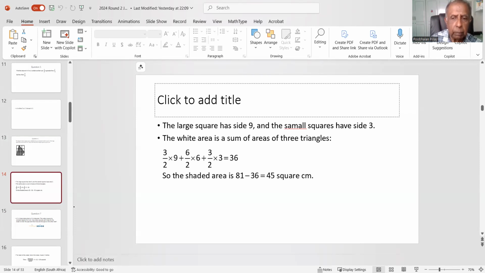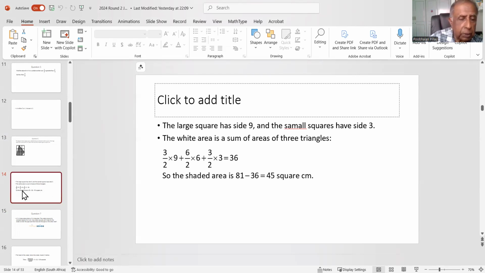I rubbed it out. But it seems to me that I had to subtract 36. I'd had a 27/2. I had a 9/2. So 27 and 9 is 36. That gives you 18. And this area also was 36/2, which is 18. So the sum of the areas is 36, not 45.